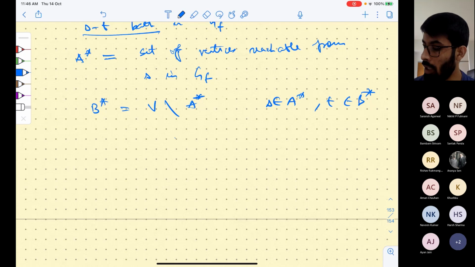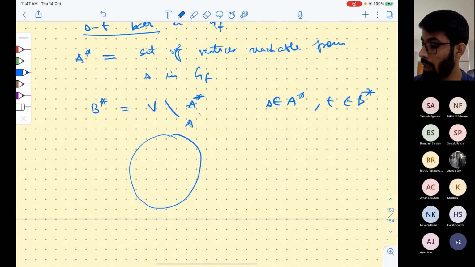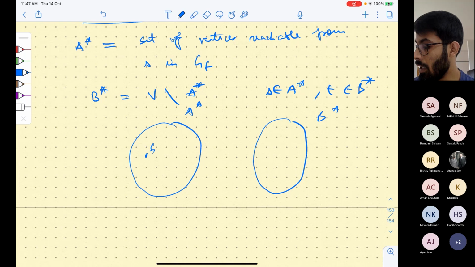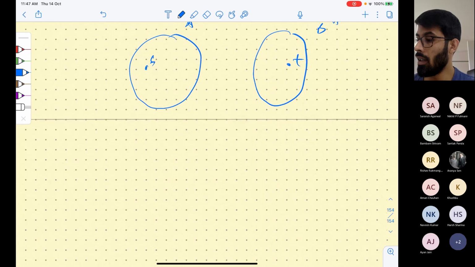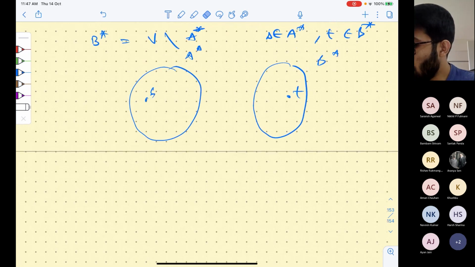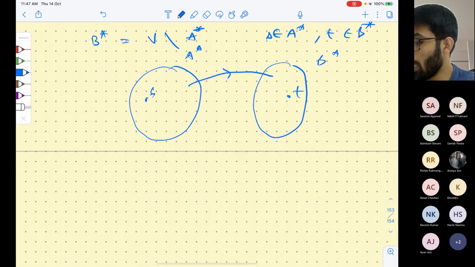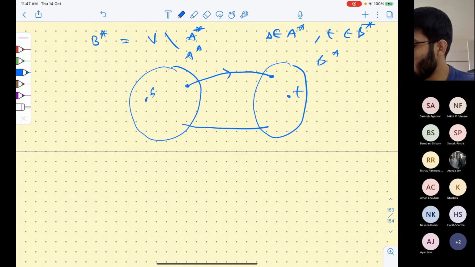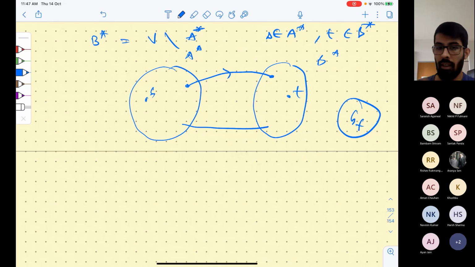Okay, good. So let's look at this graph now. This is A star. This is B star. Here is our S, and here is our T. Okay, good. So now what do we have? Why is there no path from S to T? So look at an edge which is going out, right? And look at all the edges which are going in. So let's look at GF right now.